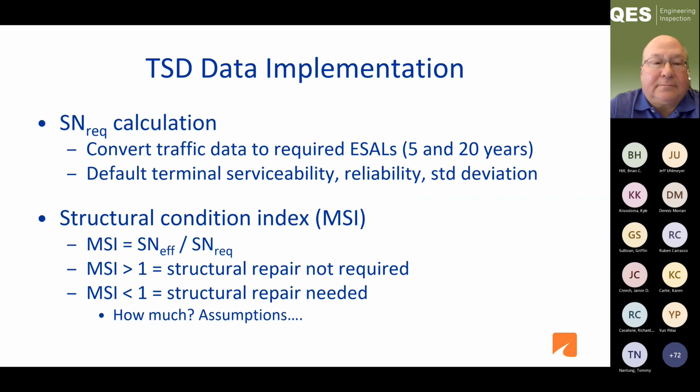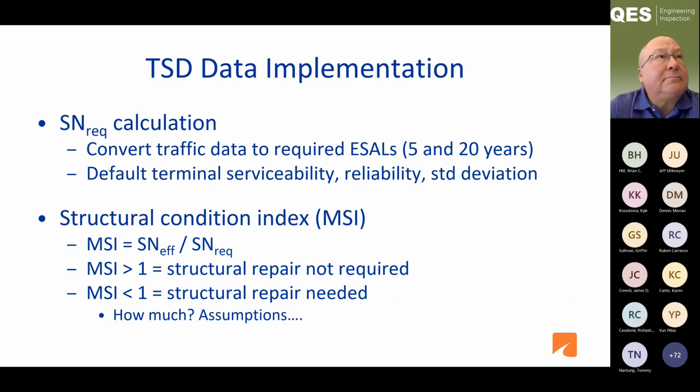So in terms of the required structural number calculation, we can convert the traffic data to required ESALs at 5 and 20 years, using the default terminal serviceability, reliability, and standard deviation to make that calculation. One way we can look at this is to calculate or view the data in terms of a structural condition index, an MSI or modified structural index, where we look at the effective structural number divided by the required.